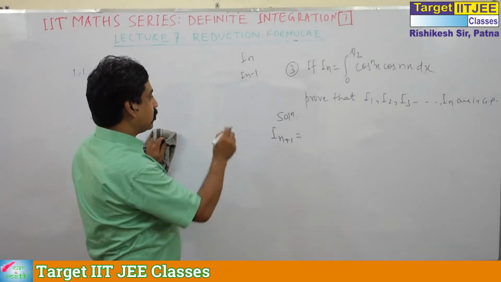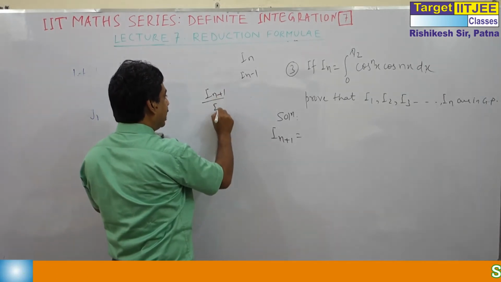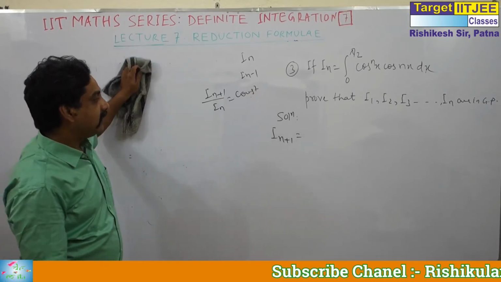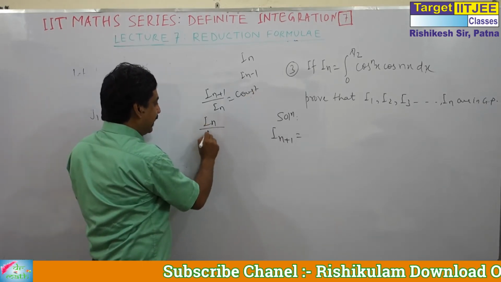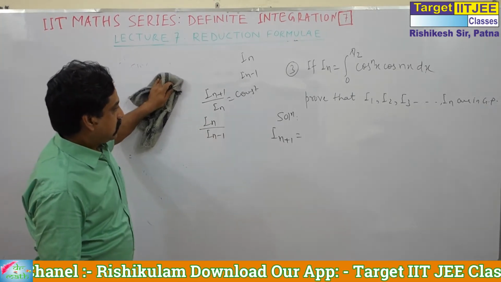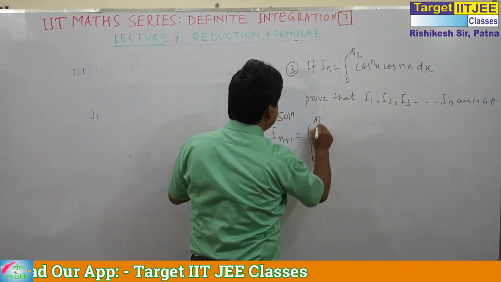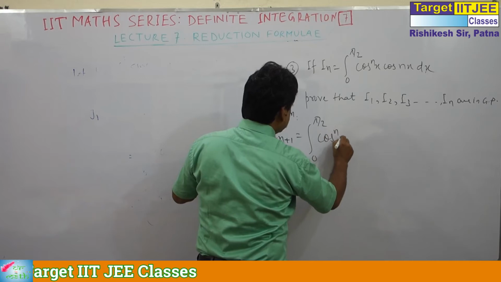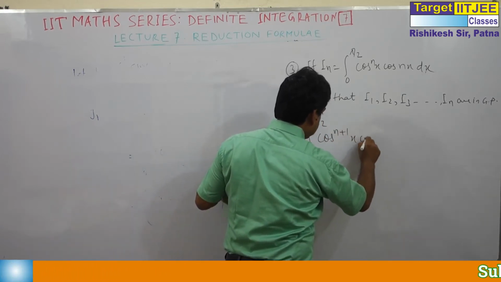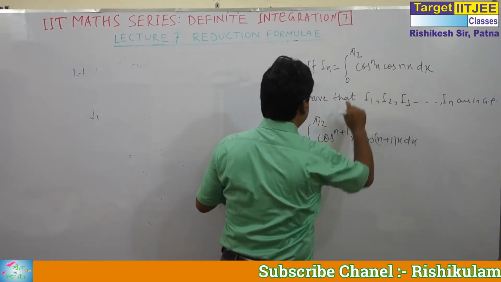For GP, we will show that I_(n+1) by I_n is constant, or we can show I_n by I_(n-1) is constant, and so on. So what is I_(n+1)? This is the integral from 0 to pi by 2 of cos to the power n x, cos to the power (n+1) x into cos (n+1)x dx. Actually, I replace n by n plus 1.